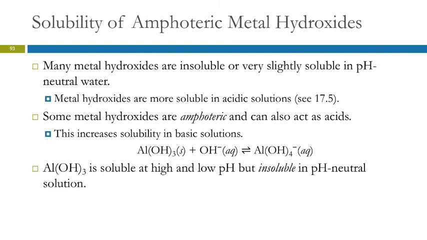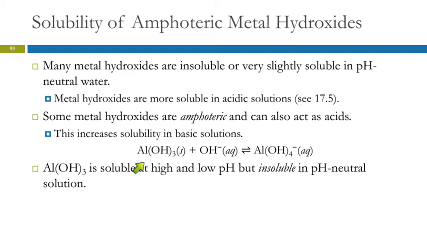Metal hydroxides, a lot of those are insoluble or slightly soluble in neutral water, right? But they become much more soluble in acidic solution. Some metal hydroxides are amphoteric. They can also act as acids, which is sort of counterintuitive, but that increases the solubility in basic solutions.